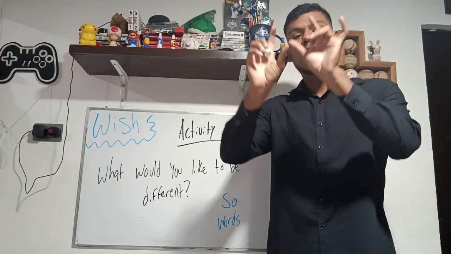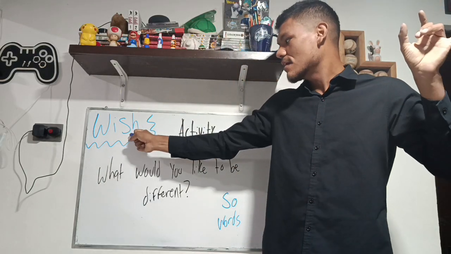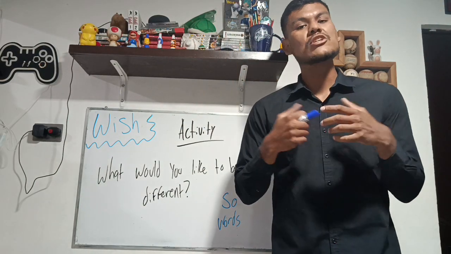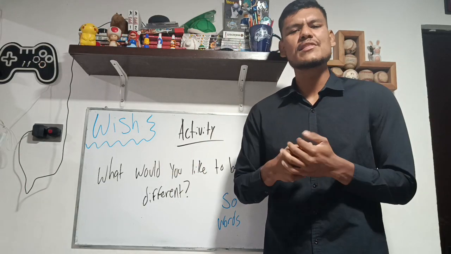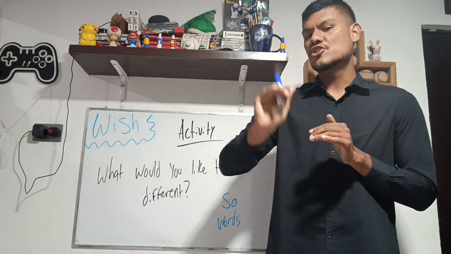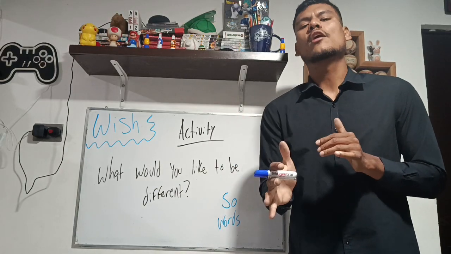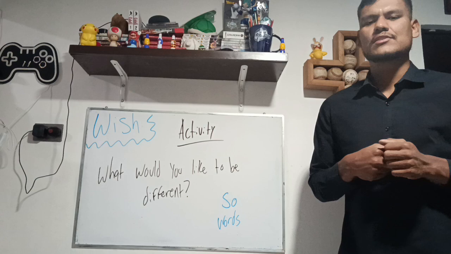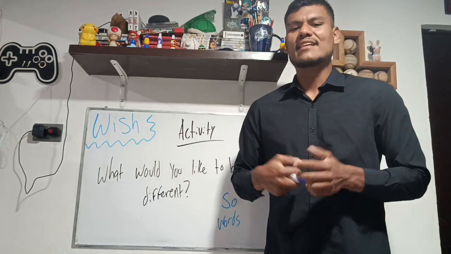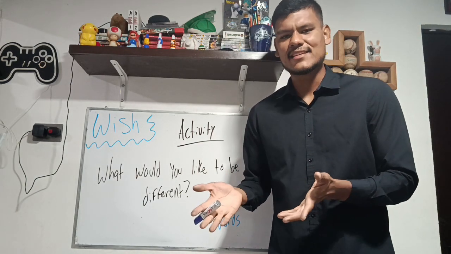As long as you start the text with the wish clause that you want to use. What would you like to be different? And then you're going to justify it and add more context. So we have to get it to 50 words, all right? That will be the last activity for today, well, for this class at least.